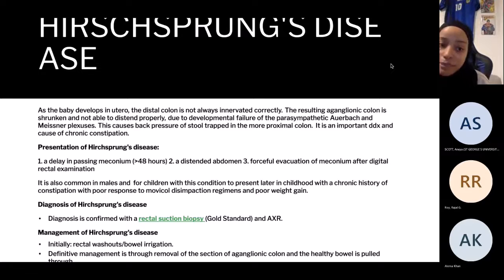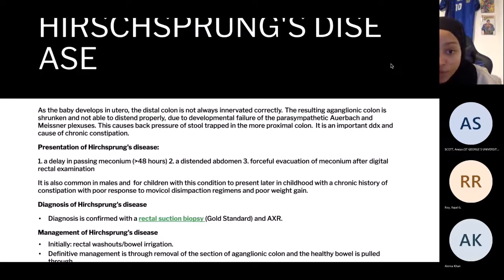It's also common in males, and for children with this condition, it can sometimes lead to a chronic history of constipation in their childhood, especially if they've had a poor response to Movicol. It's something you should think could be a reason for that poor response to Movicol.